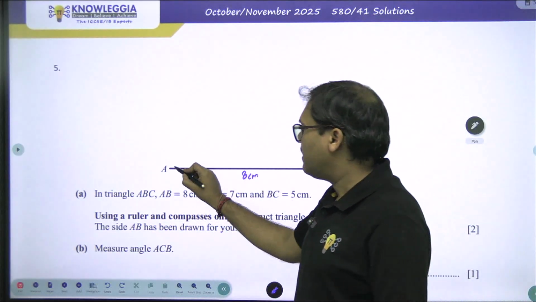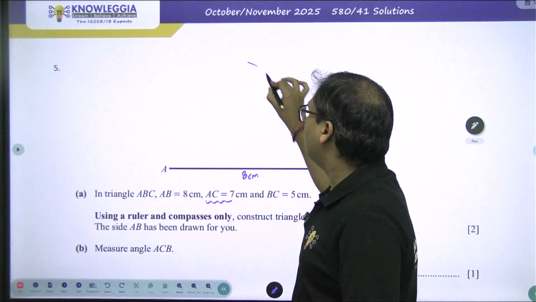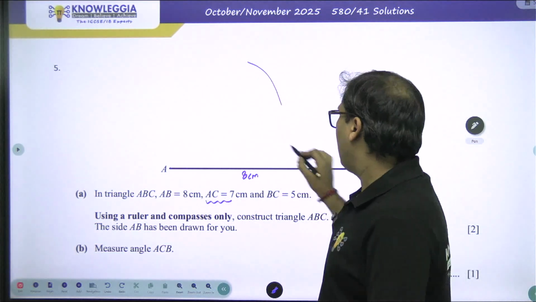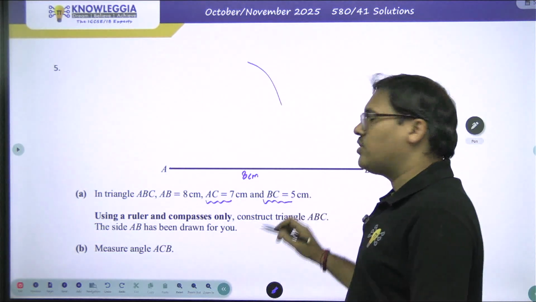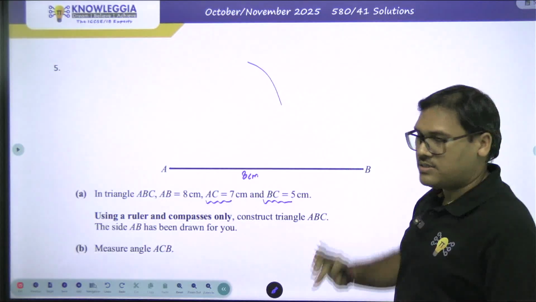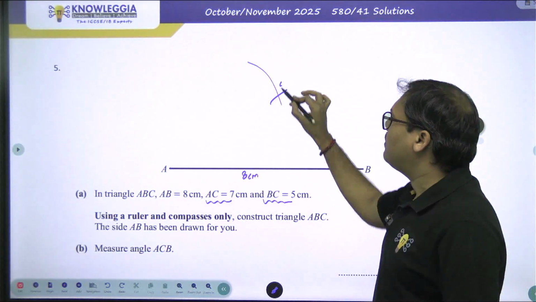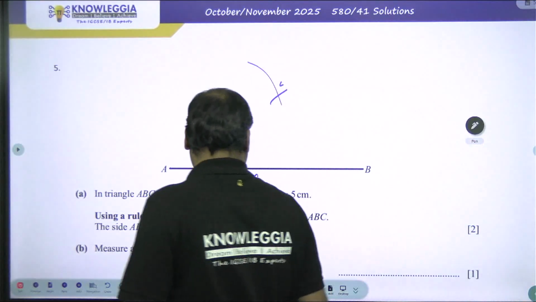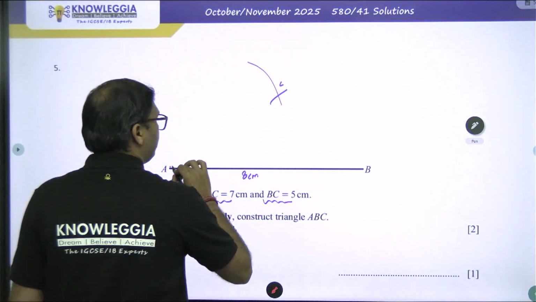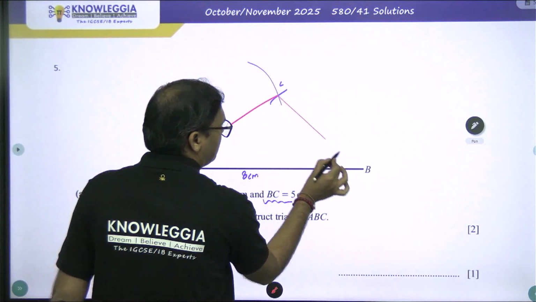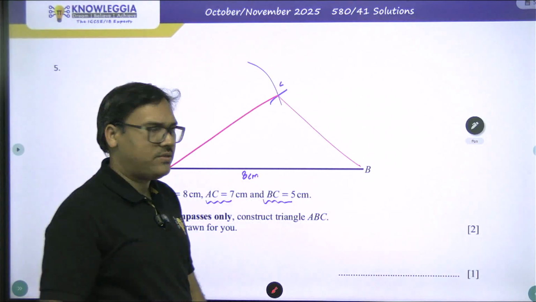So put the compass needle here and cut an arc of 7. And from B, BC is equal to 5. From B, we will take an arc of 5. So it will cut at 5 and it will be C. If you join this, this is what is expected in this question.